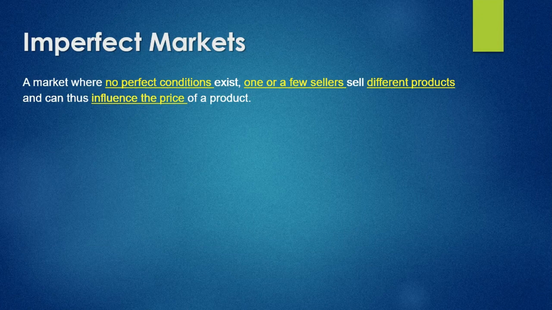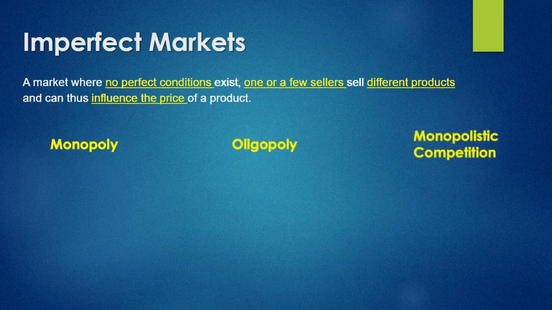And we split these up into three types. We have a monopoly, an oligopoly, and a monopolistic competition. Now in this video we will look at each of these market structures. We'll look at what they are and some characteristics of what makes up these markets.